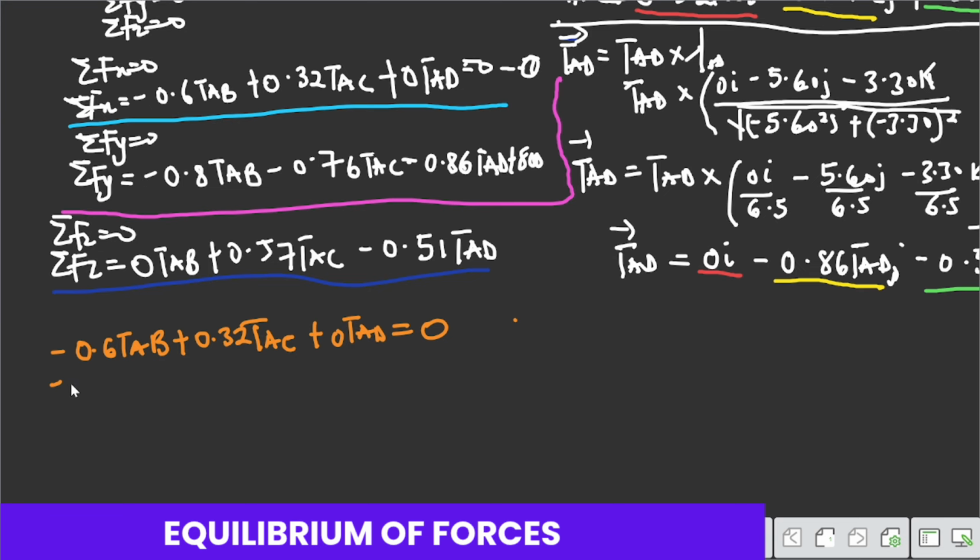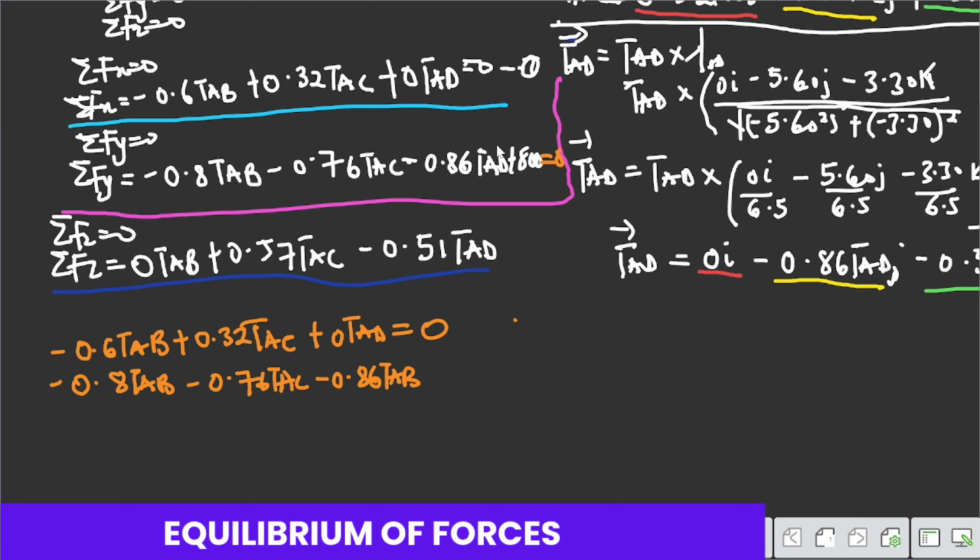Then the next one we are going to use for the Y. So we're going to have negative 0.8 TAB here, then minus 0.76 TAC here, then minus 0.86 TAD. Then don't forget this 800, right?